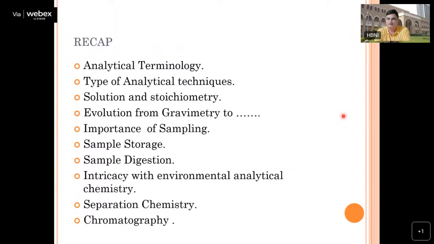One of the major advantages of absolute methods is that you get very small RSD values, that is, an RSD value of less than 1%.